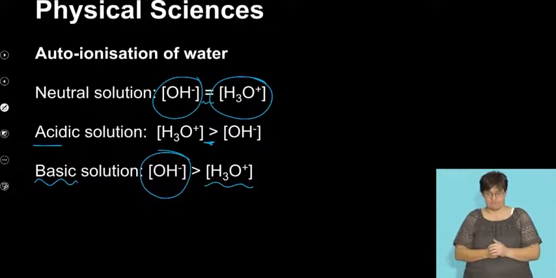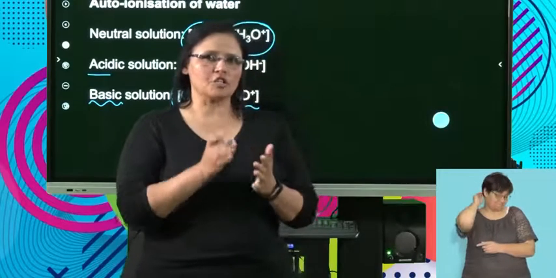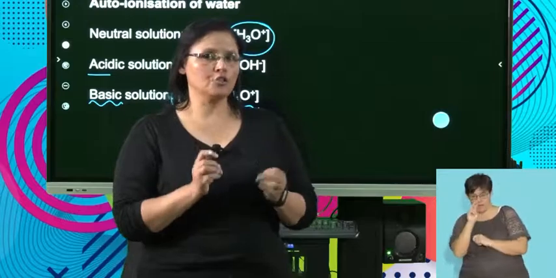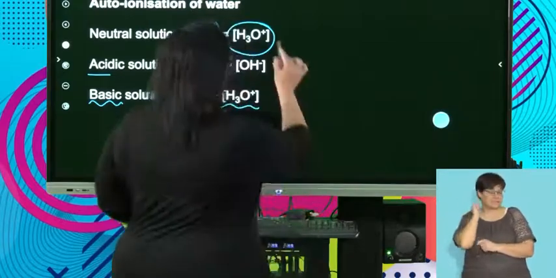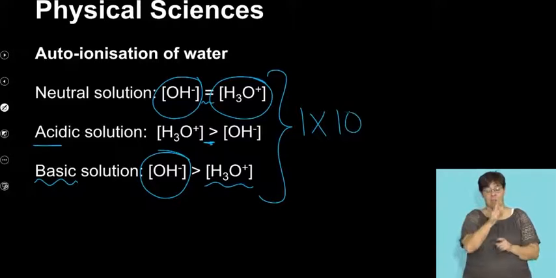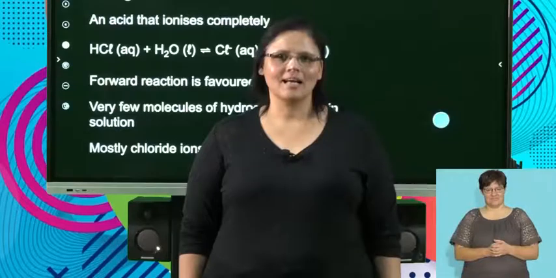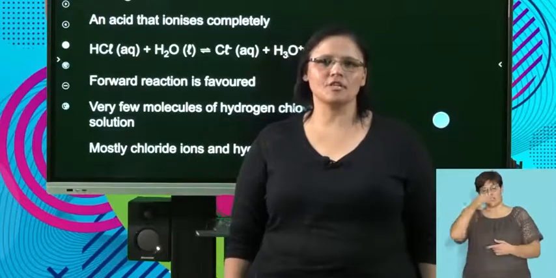Now, this needs to be kept in mind as we're going to look at these changes all along. What you should just keep in mind is for all of these, the value of Kw at 25 degrees should be 1 times 10 to the power minus 14. And this brings us to the next concept.